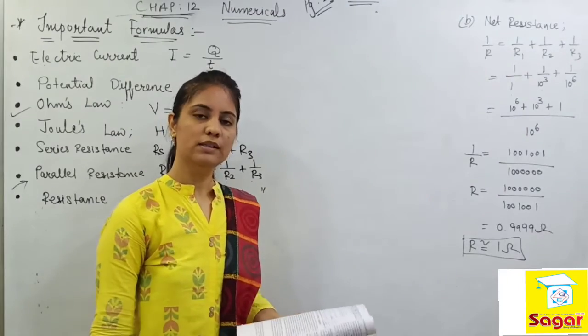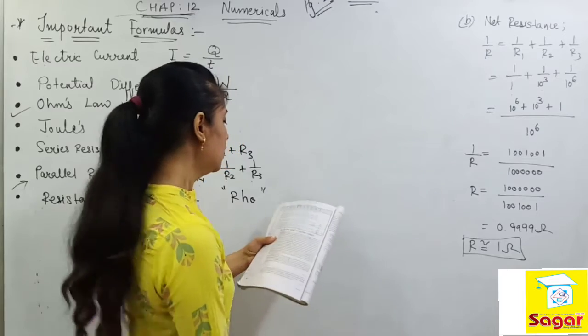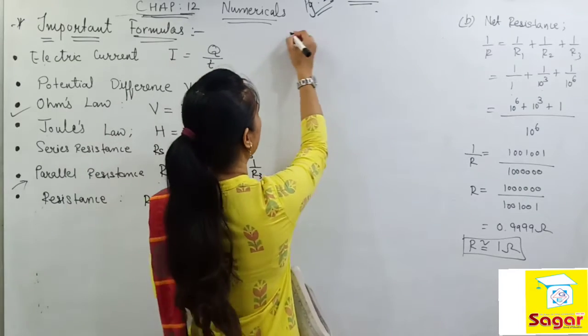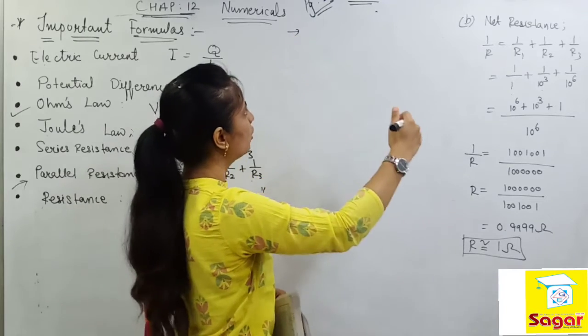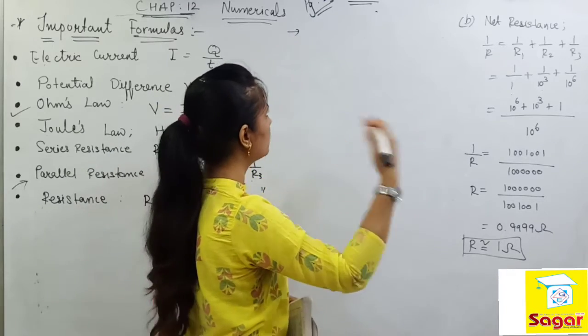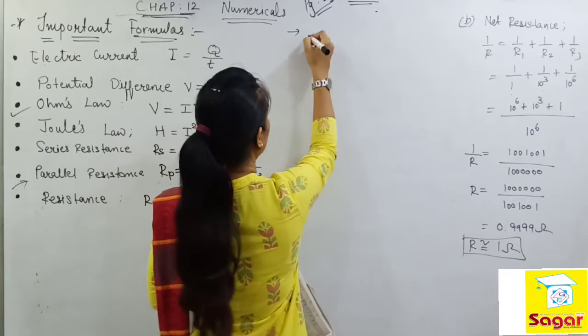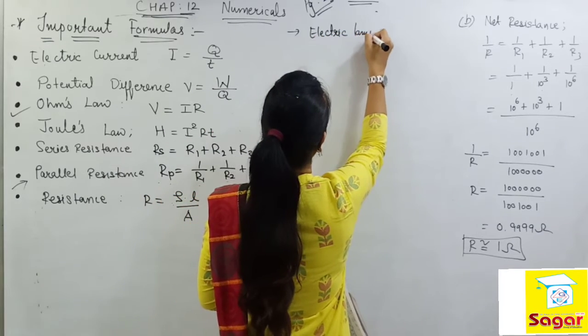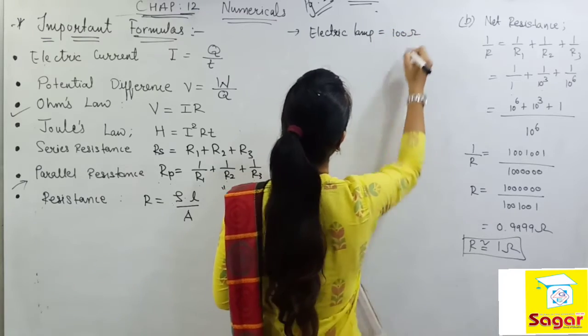Question 2 on the same page, please move on everyone. You are given an electric lamp of 100 ohm. So I will mention here the name of the components and how much resistance is offered by each. Electric lamp first, that is equal to 100 ohm.